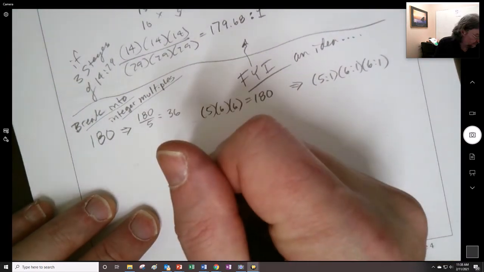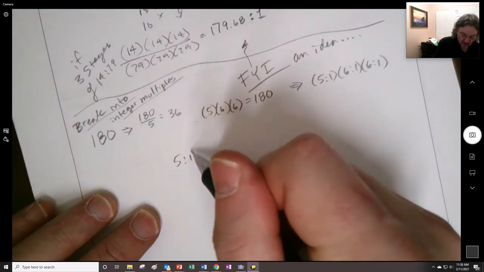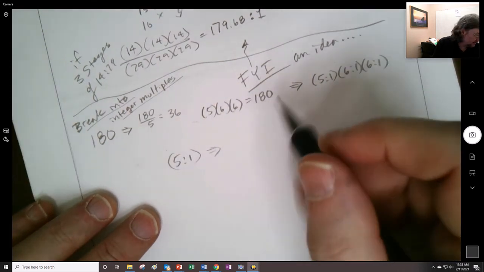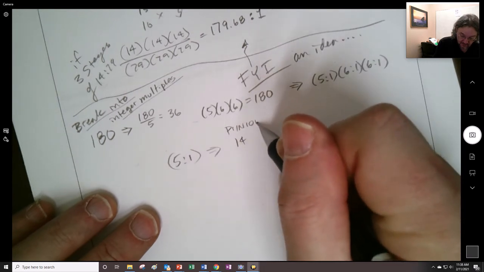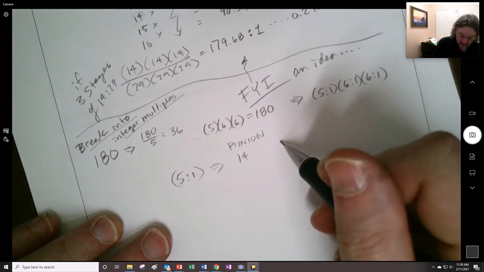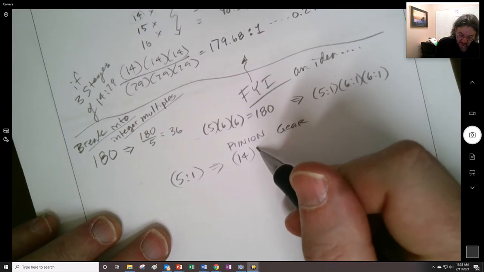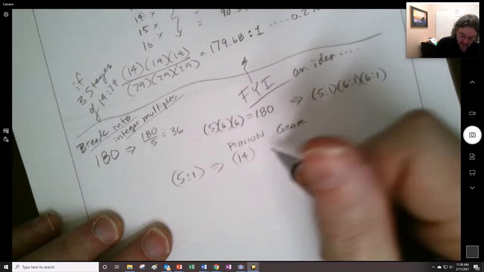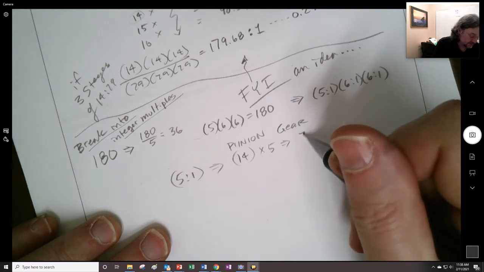Let's say that for a 5 to 1 ratio you have a 14-tooth pinion. That would generate, for the gear, the pinion times the 5, which is 70.